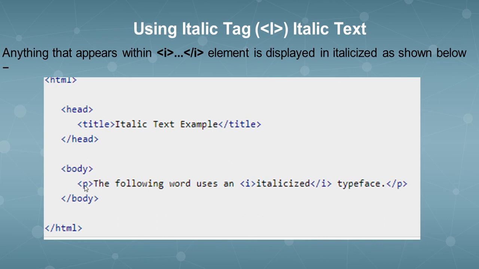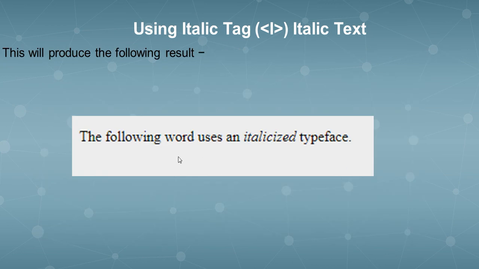Inside that, the paragraph tag: the following word uses an italic tag open, italicization, angle bracket open slash I angle bracket close, typeface, and then paragraph tag close. So let's see what the output will be. Here you can see that the rest of the words are normal, but italicization is in italic format. Can you see that? Italicized.